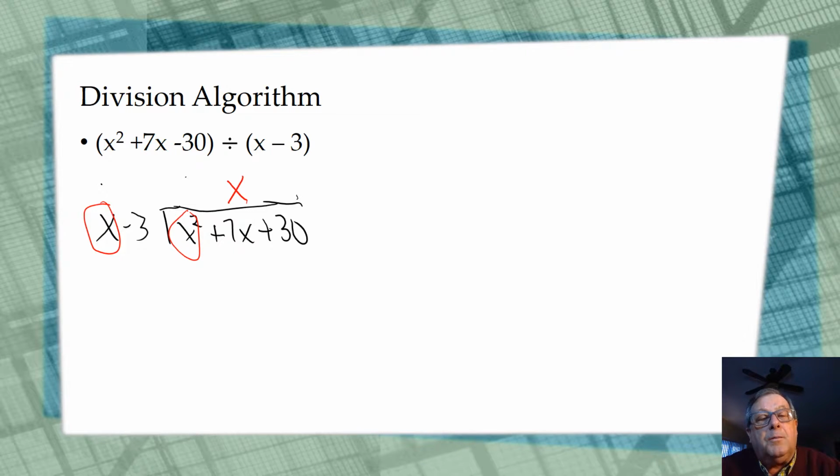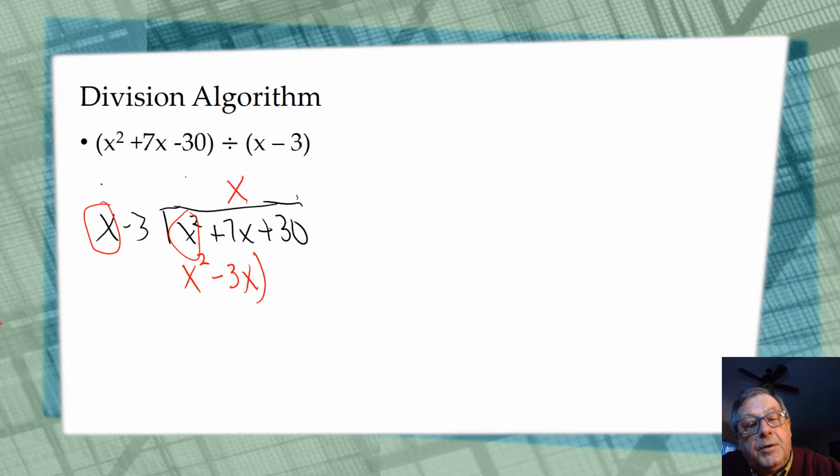Now I'm going to multiply x times x minus 3, and then I'm going to subtract that from my dividend. So let's see, x times x is x squared, and x times negative 3 is negative 3x.